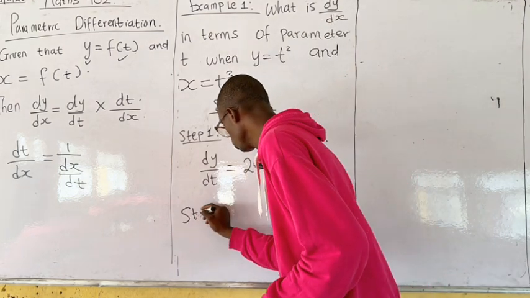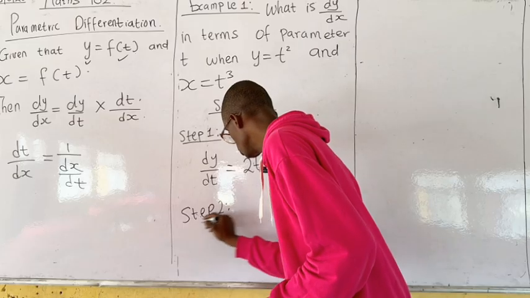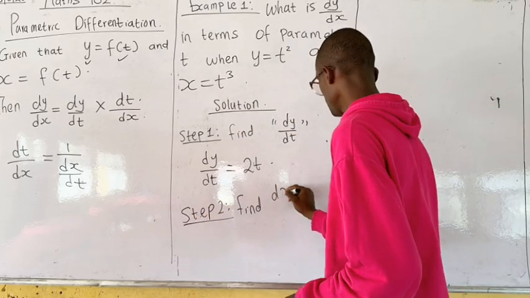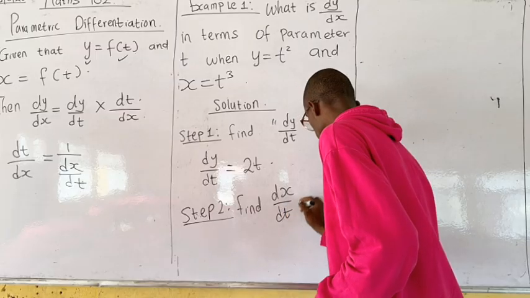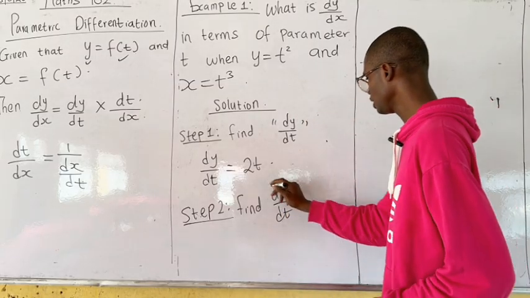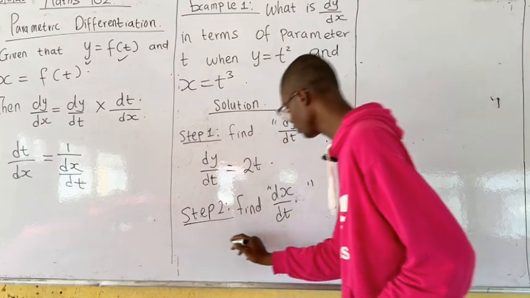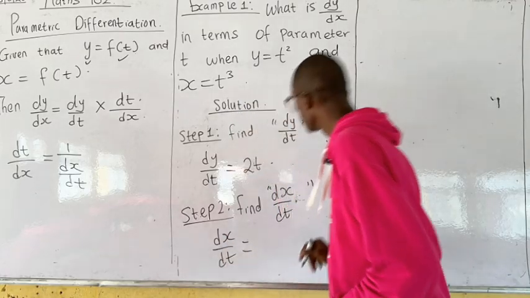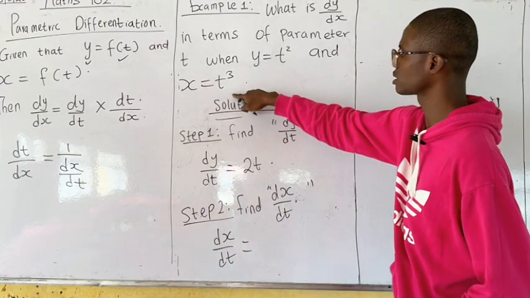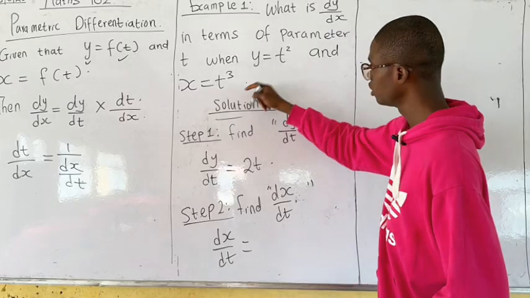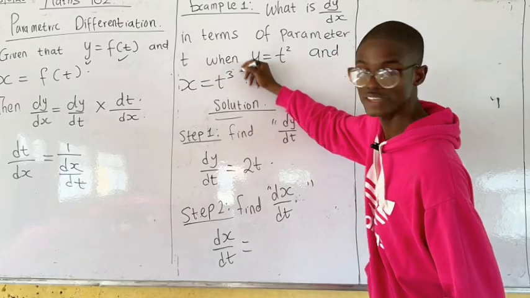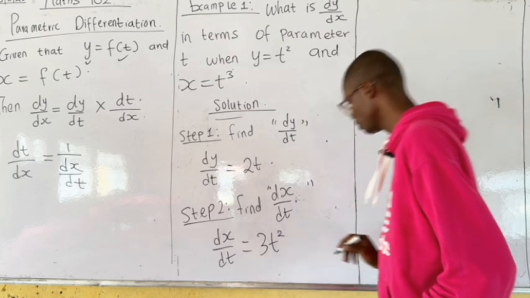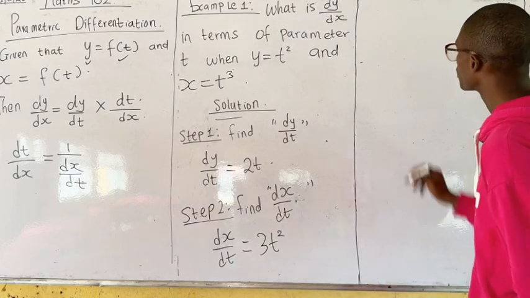Then step 2: find dx/dt. x is equal to this, so if I differentiate it in the general method, I'll have 3t squared.